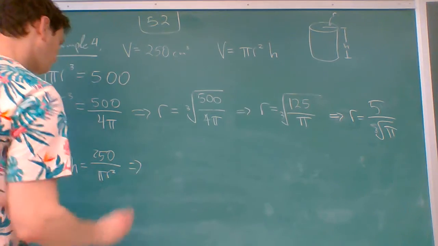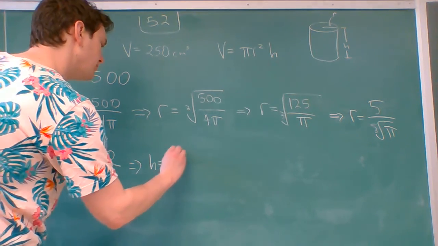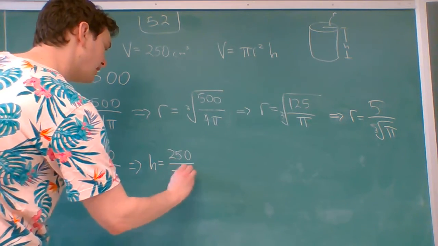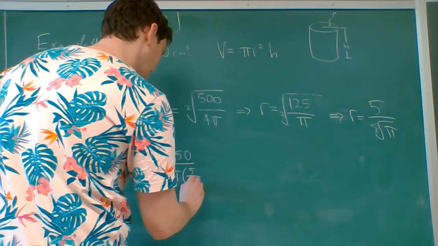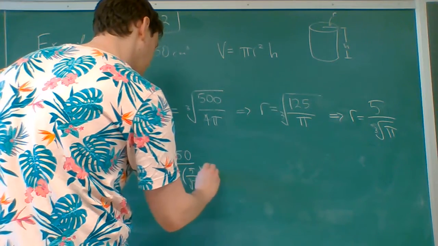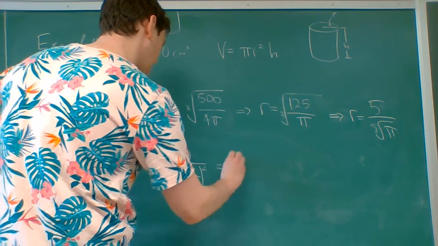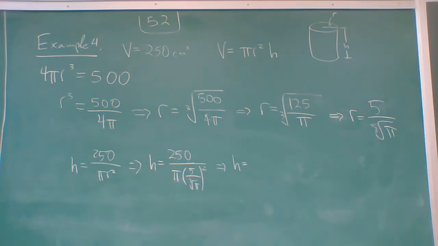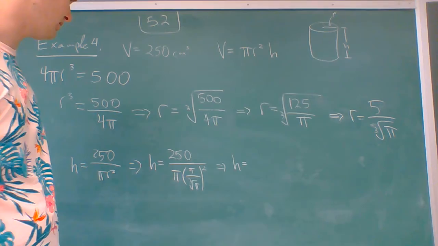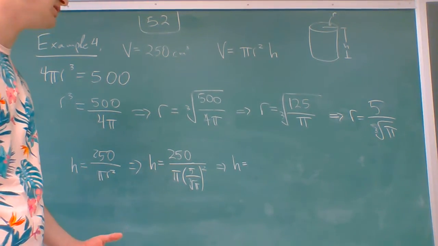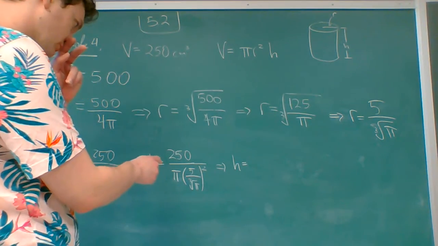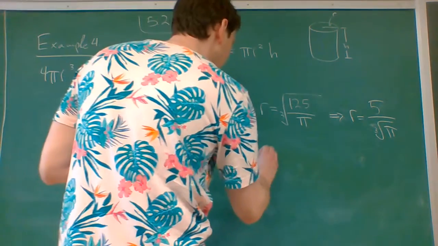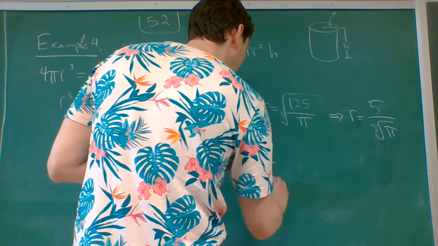So I've got h is equal to 250 over pi times that squared, 5 over cube root of pi all squared. Which we could clean up. This would actually clean up pretty nicely. Actually, it would be 10 over cube root of pi.